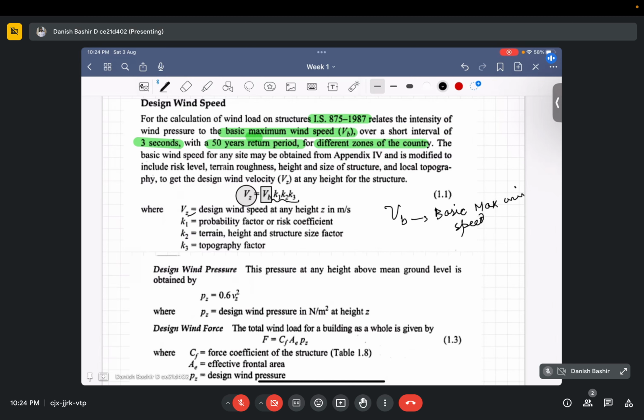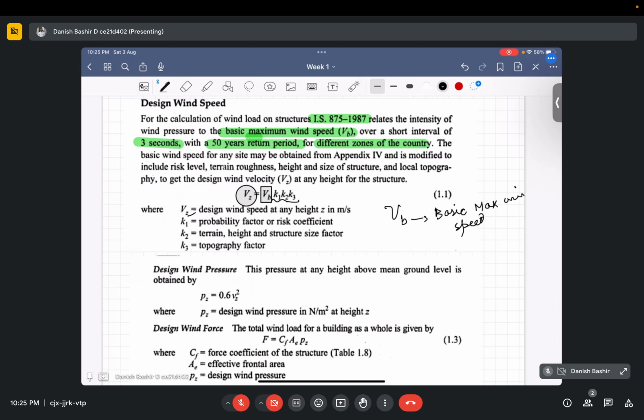Out of K1, K2, K3, K1 is the probability factor or the risk coefficient. K2 is the terrain, height, structural size factor. And K3 is the topography factor. Look, all six different things have been taken care of by these three factors. And the values of these three K factors we can easily get from our code IS 875 1987 version.